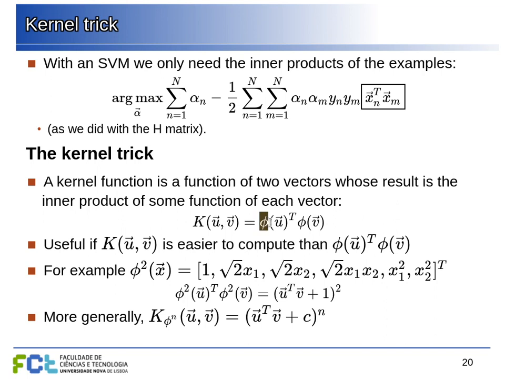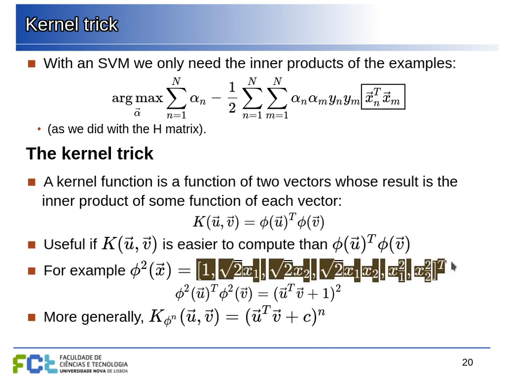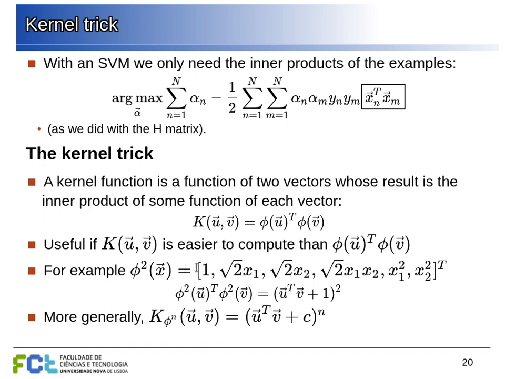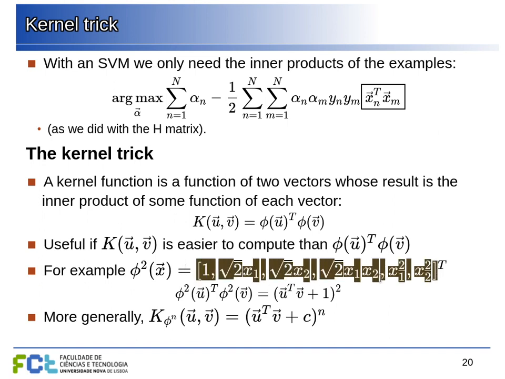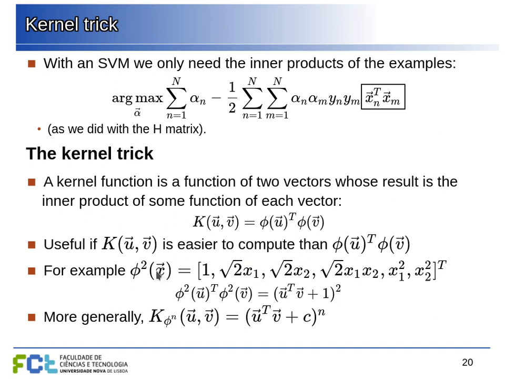So this could be a transformation like a polynomial expansion, for example. Suppose that this phi function was this one here, where we take the vector x, which has two coordinates, x1 and x2, and we create a vector like this with 1, square root of 2 times x1, square root of 2 times x2, square root of 2 times the product x1 x2, the square of x1, the square of x2.